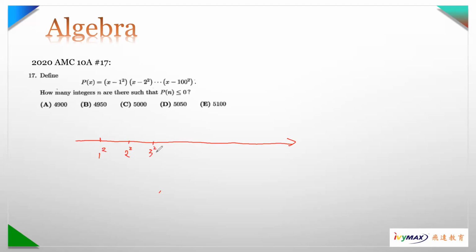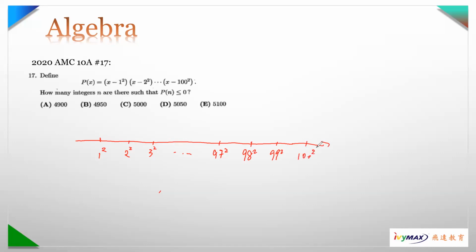It's not in a good scale, but it should work well. So 97 squared, 98 squared, 99 squared, 100 squared, right?